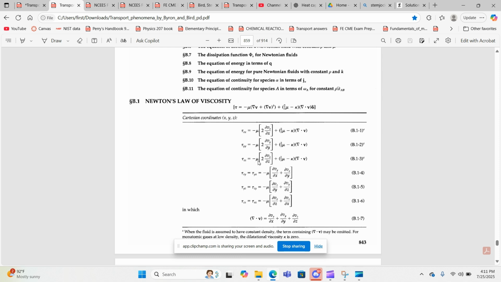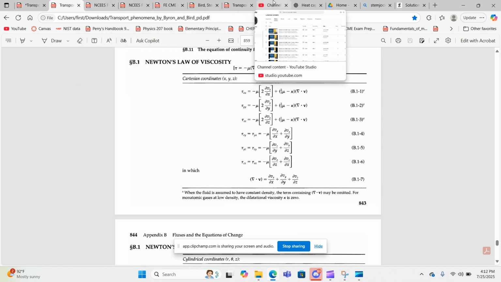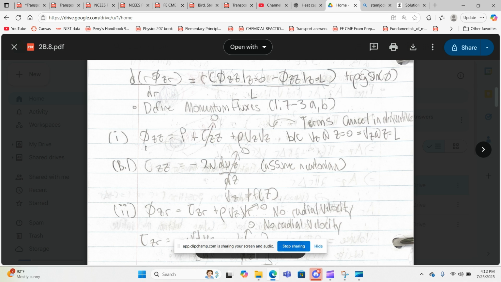I just didn't write these terms because we're assuming it's a Newtonian fluid. And this term just cancels out in general because the VZ velocity is not dependent on the Z direction. It's dependent on the radial direction because that's the direction that the walls extend. So tau ZZ just goes to 0.